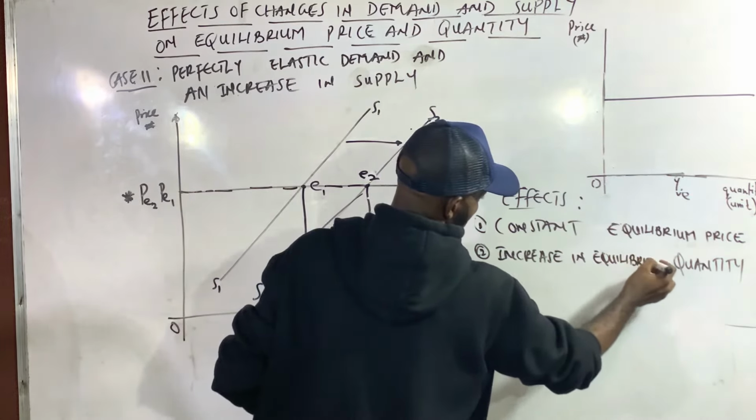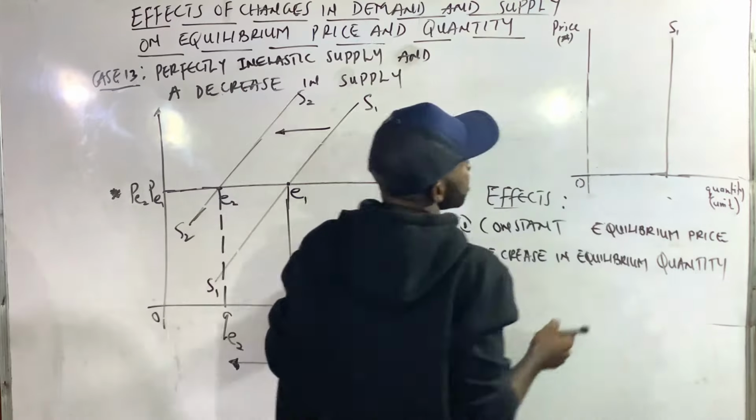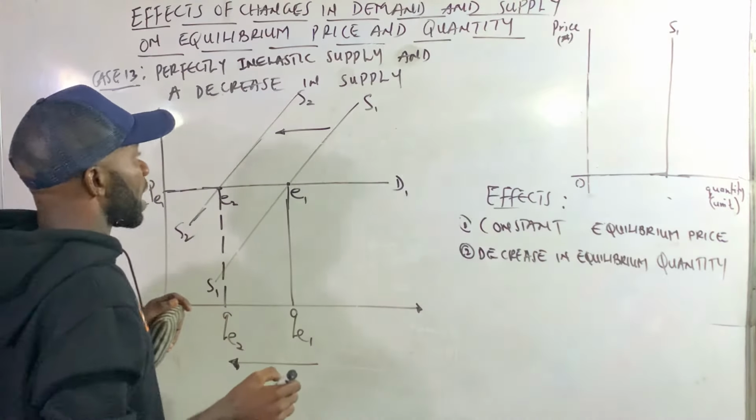At case number 13, we switch to the supply angle. So instead of having perfectly inelastic demand, this will take supply. So perfectly inelastic supply. Let's represent that here. This is what perfectly inelastic supply looks like.